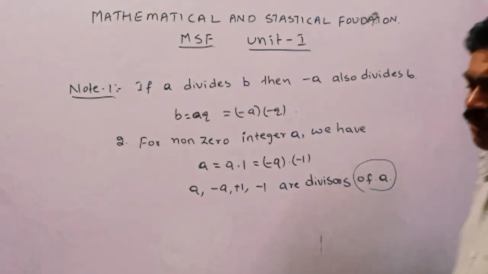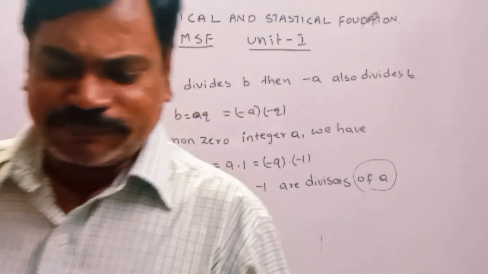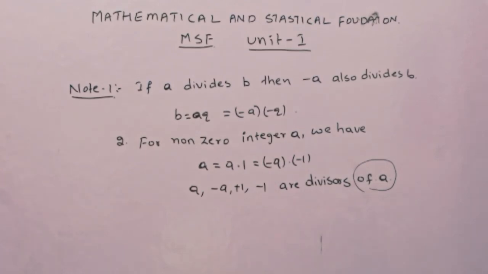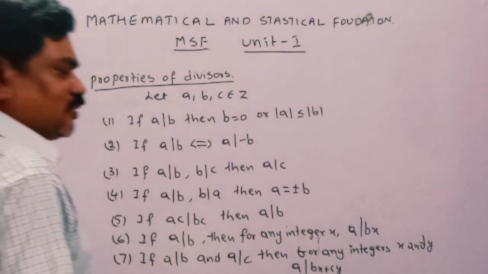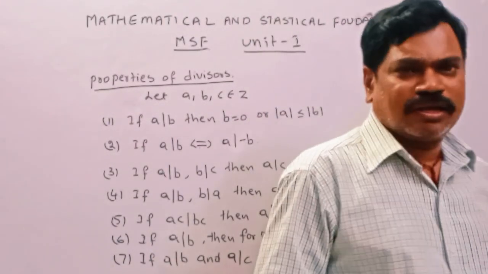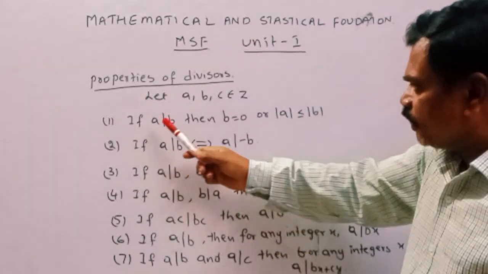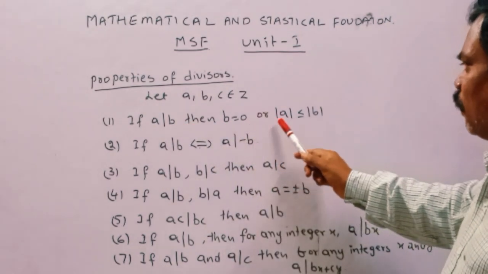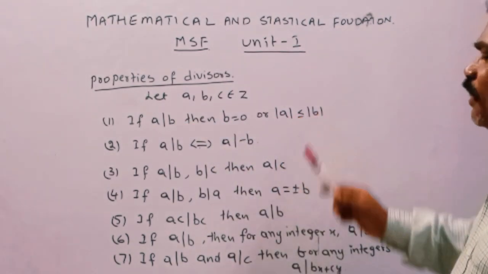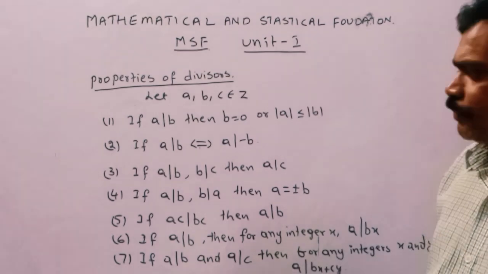Then some properties of divisors. Here we have some more properties of divisors. What are the properties? See, if a divides b, then b is equal to 0 or mod a is less than or equal to mod b.